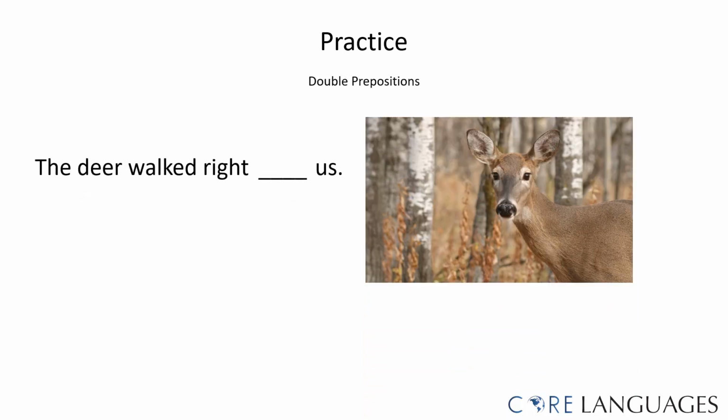Now look at this example and try to choose the preposition that makes more sense. The deer walked right up to us, or the deer walked right out us. Very good. The deer walked right up to us.